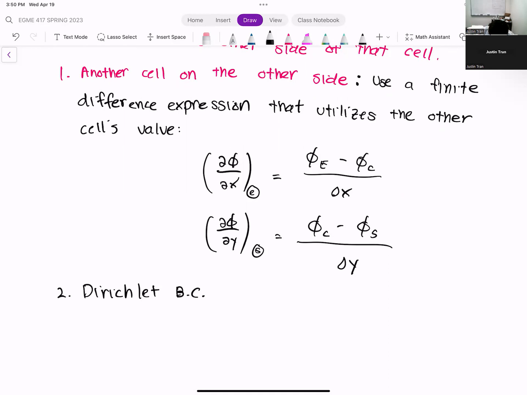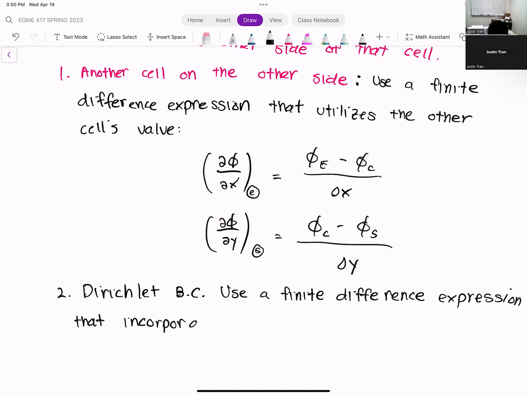In this case, we're going to use a finite difference expression that incorporates the Dirichlet value and uses half of the cell length.